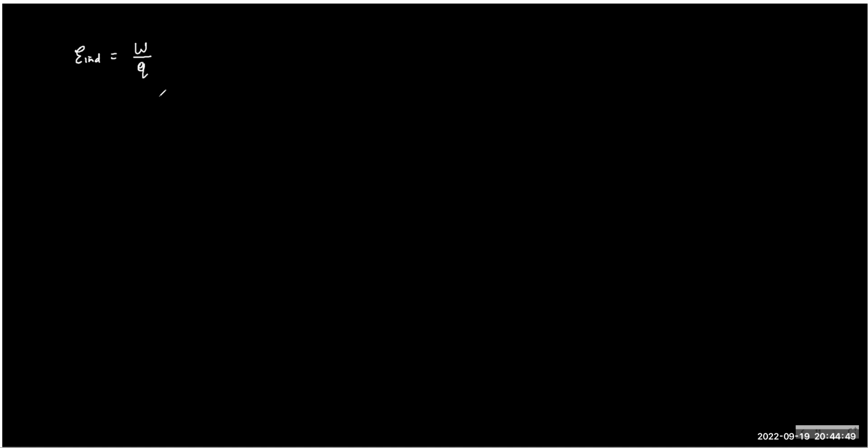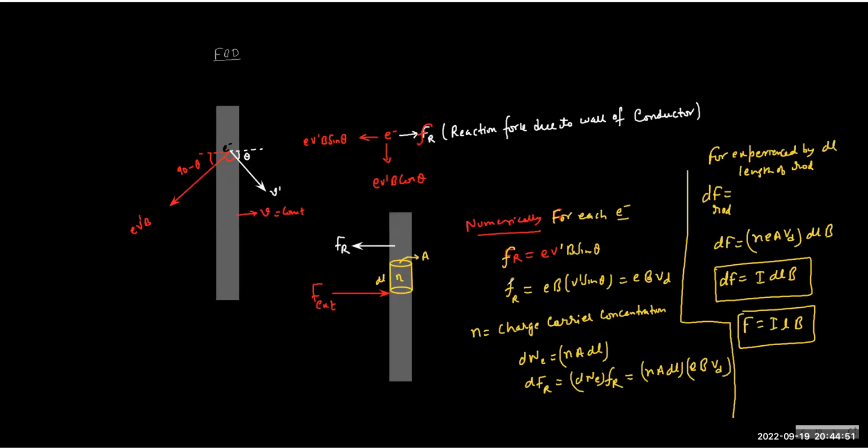Okay. Now you can see something here. What is the component of the magnetic force acting downward? Cos theta.